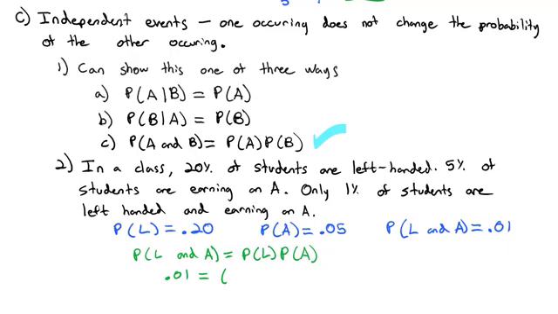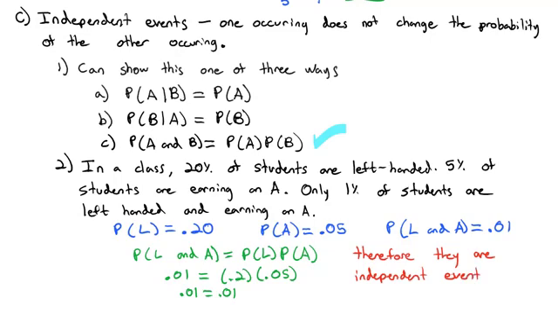The probability of left-handed is 0.2. The probability of an A is 0.05. And sure enough, those are equal to each other. Because they're equal, we'll say, therefore, they are independent events. If it wasn't equal, we would say the opposite, that they're dependent events. So that's the first concept, the idea of independent versus dependent.